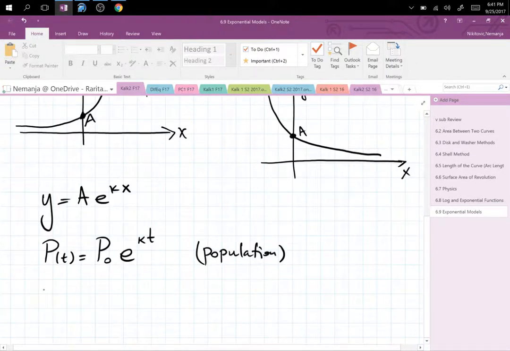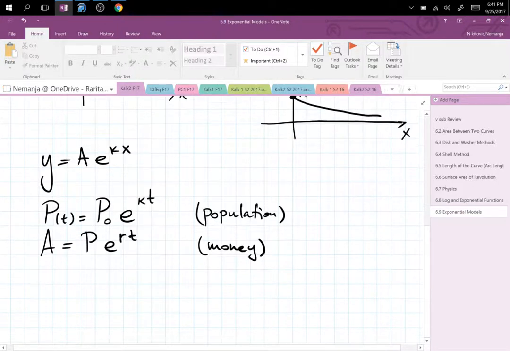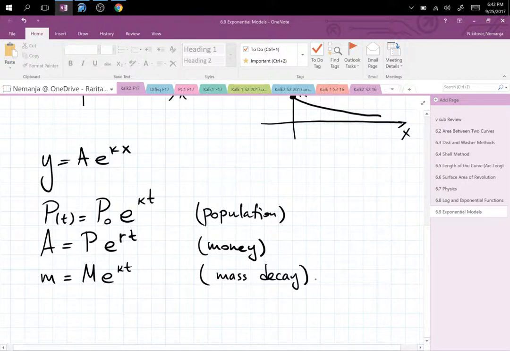You can have that the amount is equal to principal times e to the rate times time. That's money. You can have the mass is equal to initial mass times e to the kt. This would be mass decay. So this would be the garbage and radioactive decay. Half-life would be connected to this, and so on.